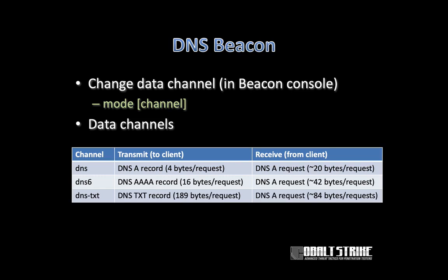But dns and dns6 will actually cut that value down. The reason they do this is because in some networks, very long host names are automatically denied and just cut off. So the mode command, even today, even as a pure DNS beacon, is still a way to recover the agent if your initial C2 scheme isn't working for you.